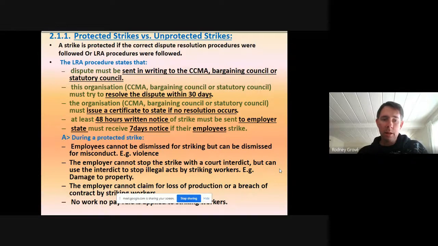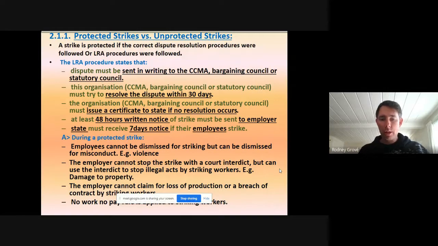Okay. Then, during a protected strike, now this is important, employees cannot be dismissed for striking, but can be dismissed for misconduct. So if your staff have followed the correct procedures, they've been issued with a certificate to say that there's no resolution, and they gave you 48 hours written notice that they intend on going on strike.